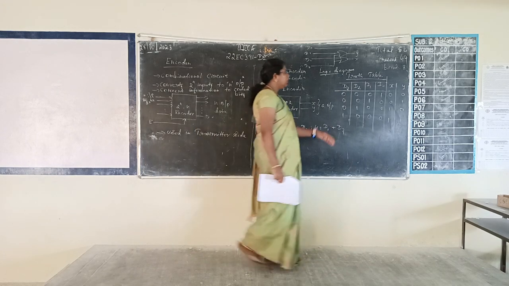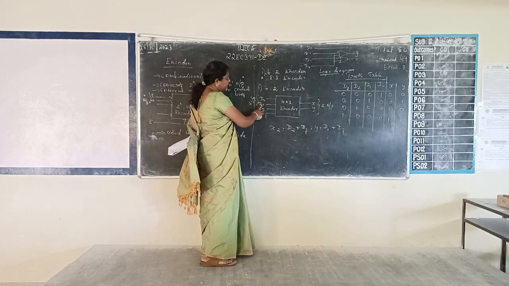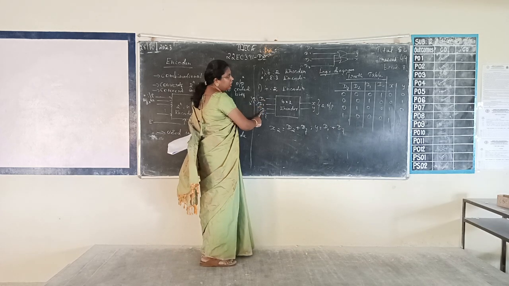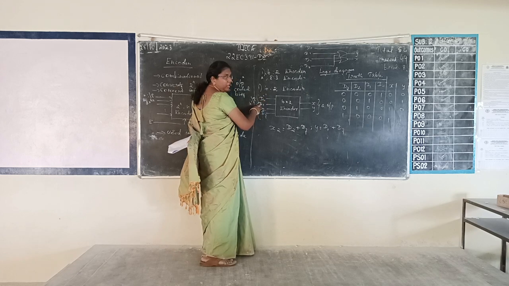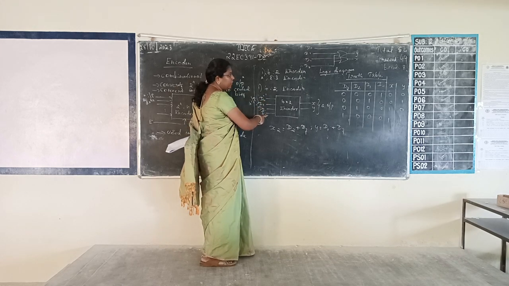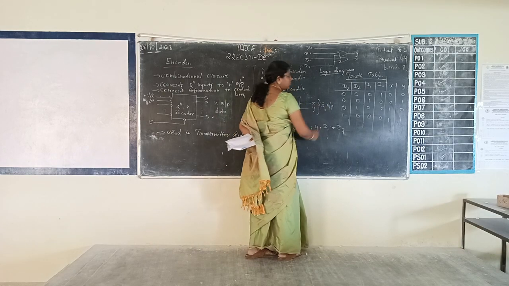Then this is the truth table. When D0 is 1 and D1, D2, D3 are 0, we get X as 0 and Y as 0.